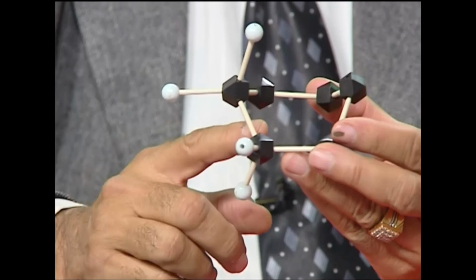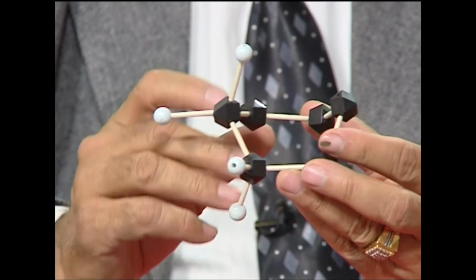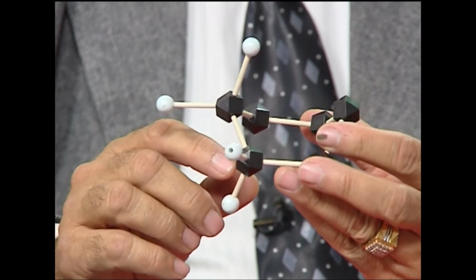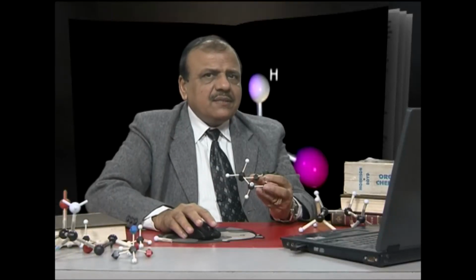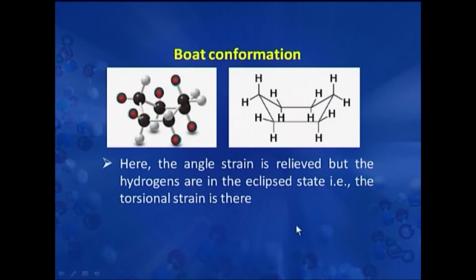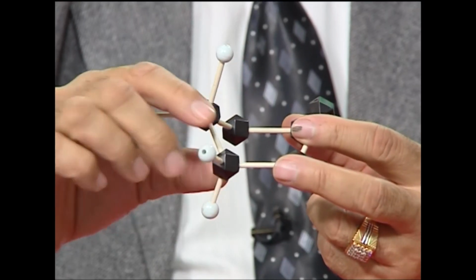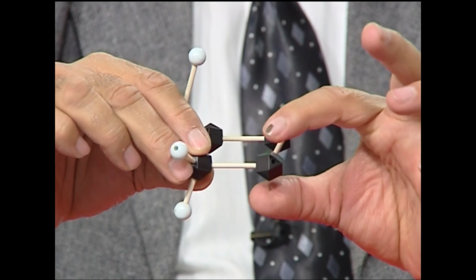The reason is that although there is no angle strain, because that is a tetrahedral angle, the hydrogens on the different carbons are not staggered. On these 2 carbons, particularly this carbon and this carbon, these hydrogens are eclipsed, meaning 2 hydrogens on this carbon and the 2 hydrogens on this carbon will be eclipsing each other.